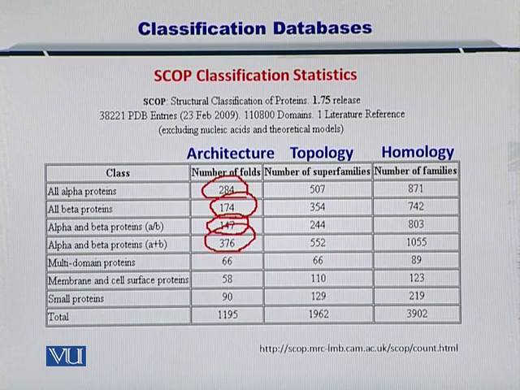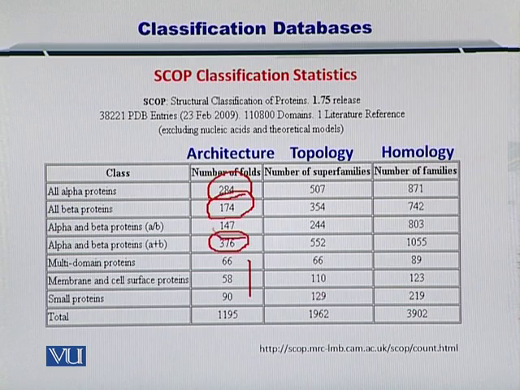So these are large, about 376, and then the rest are multi-domain or membrane and surface proteins. So essentially, most proteins are alpha plus beta, all beta, or alpha over beta. So this is the architecture that exists in the protein structures that are known.